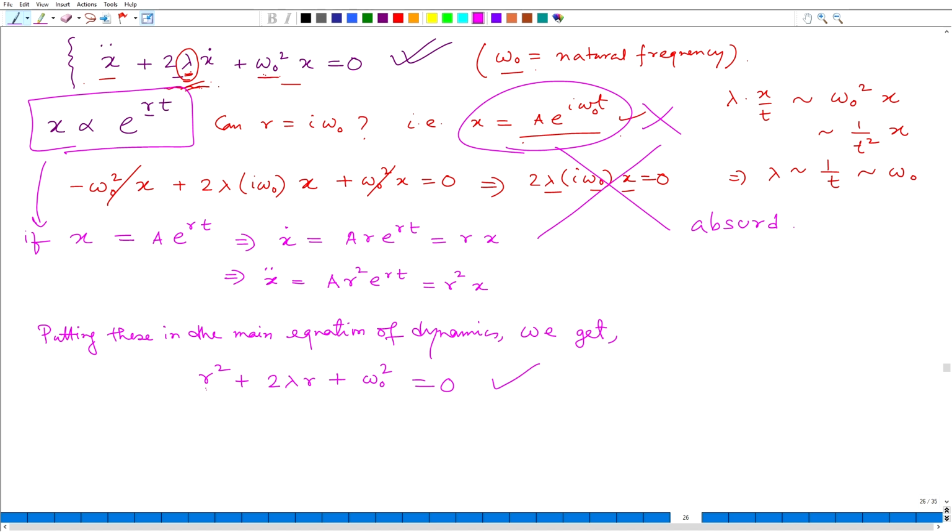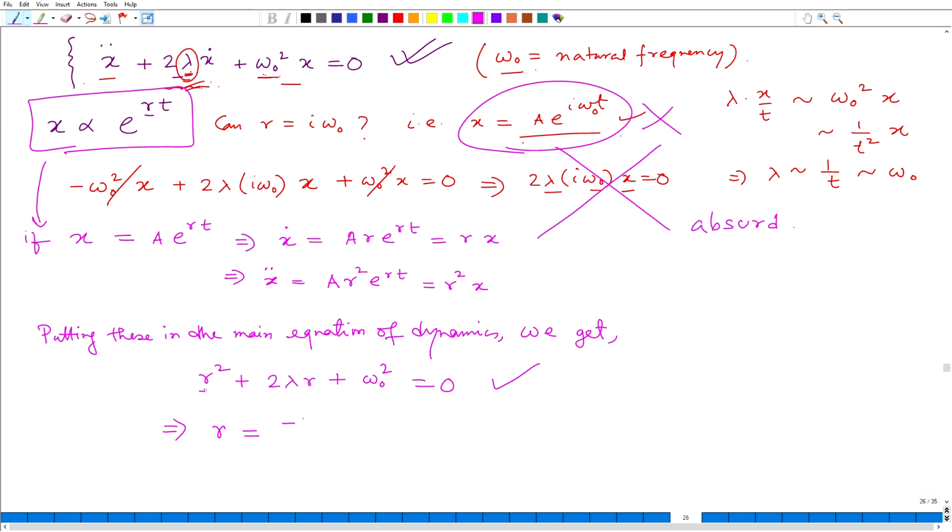So, you will get a quadratic equation in r. I just left r as free as possible, so that I do not put any constraint on r a priori. And if you now solve that, r will be equal to minus b plus minus root b square minus 4ac by 2a.